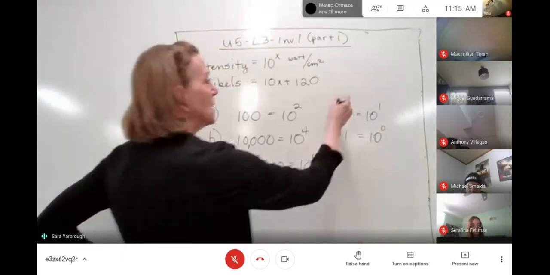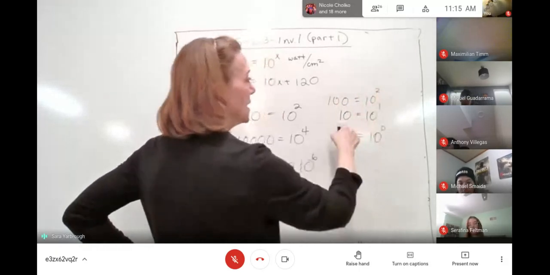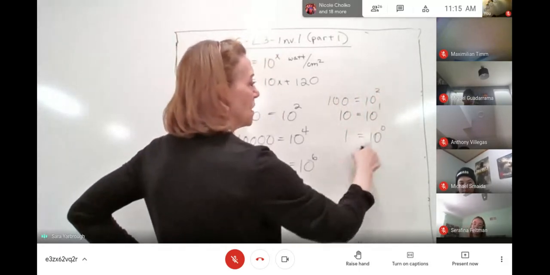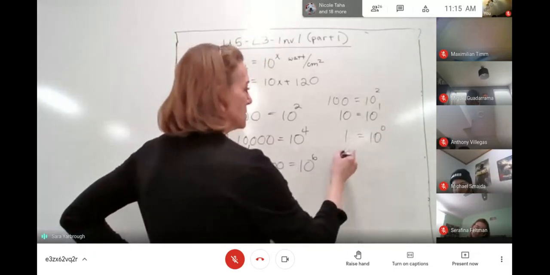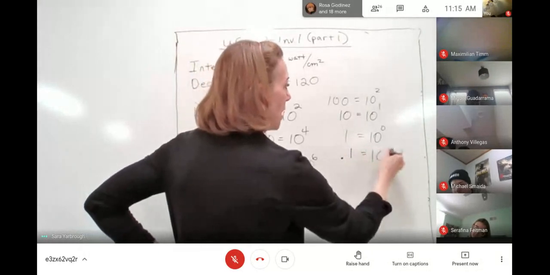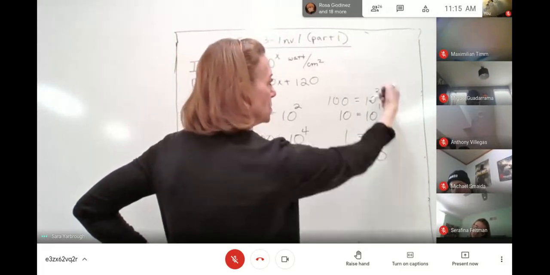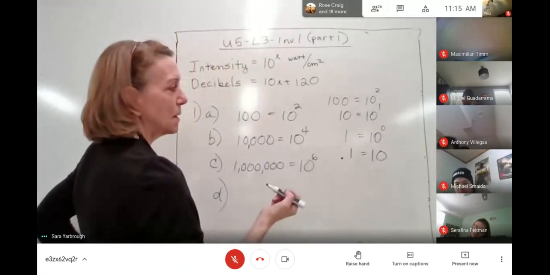You see the pattern? I went from 100 equals 10 squared, 10 is 10 to the first, 1 is 10 to the 0. So if I went to 0.1, following the pattern, 2 to 1 to 0, what would that exponent be?